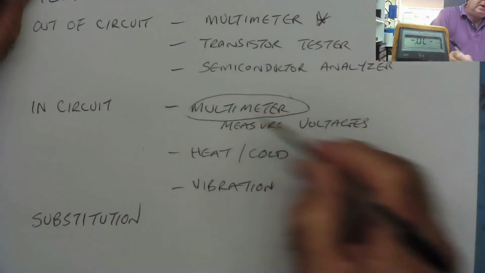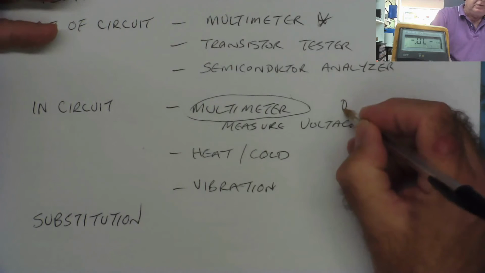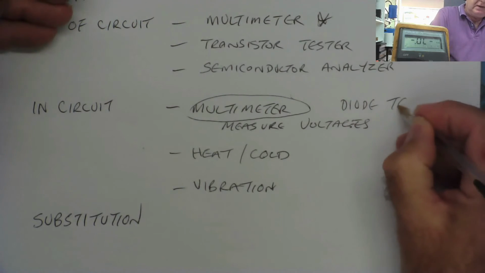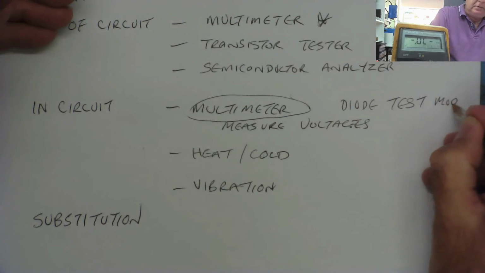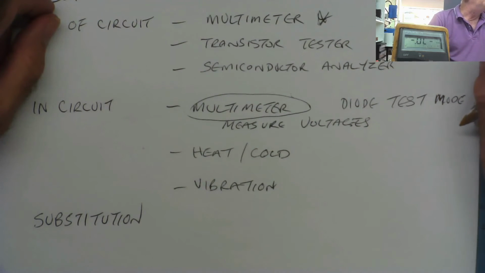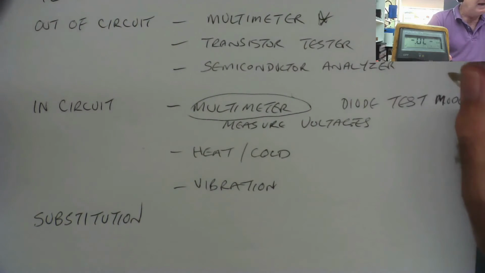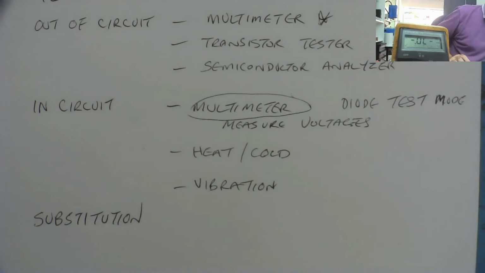And I mentioned you can measure voltages. You can also measure resistances or use diode test mode as well in circuit. And this will certainly spot short circuit transistors. It may not always detect other problems. You may have to remove the transistor to have a look.